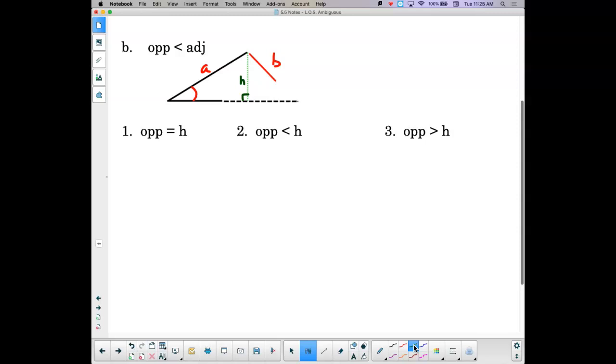So if my opposite side is the same length as my height, then what do I get? If the opposite side is the exact same length as my height, we get a right triangle. And how are we going to solve the right triangle?